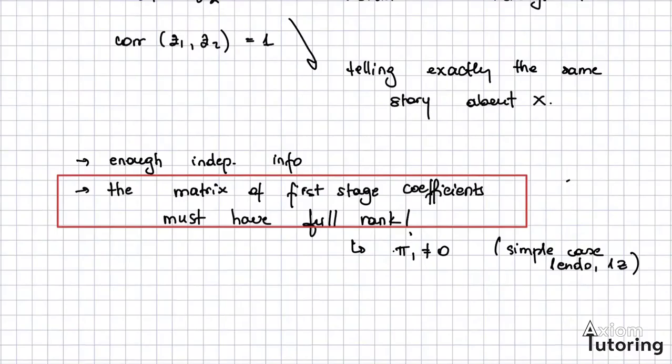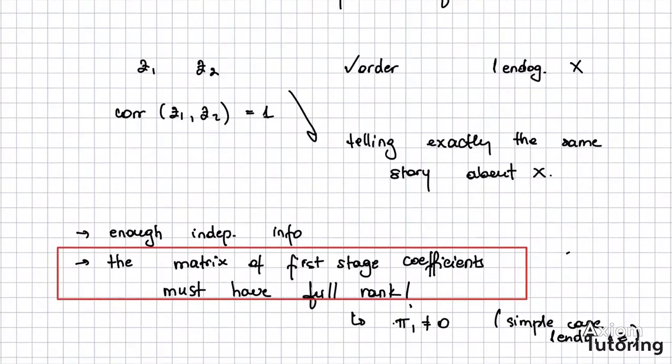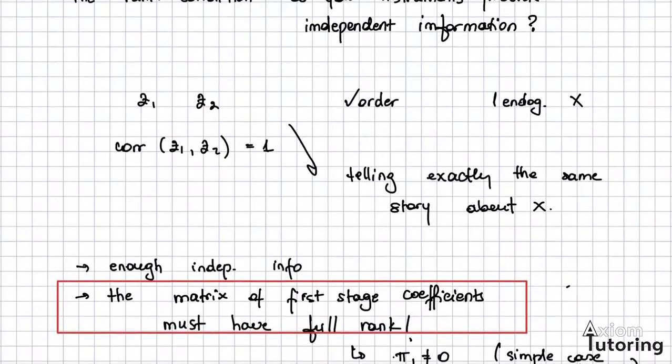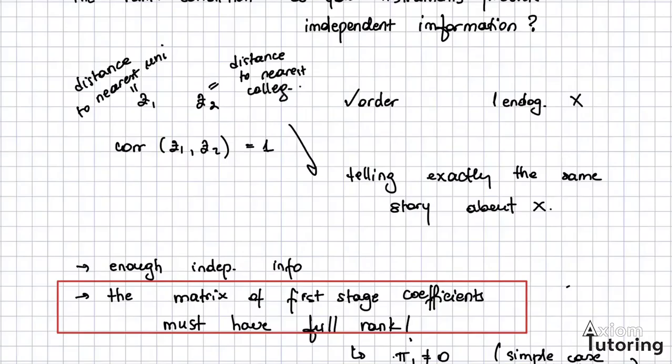What happens when the rank condition fails? The rank condition fails when instruments are too collinear, meaning they provide essentially the same information. So imagine that in this particular case when we said that correlation Z1 and Z2 is 1, imagine that Z1 is distance to nearest university, while Z2 is distance to nearest college, okay?